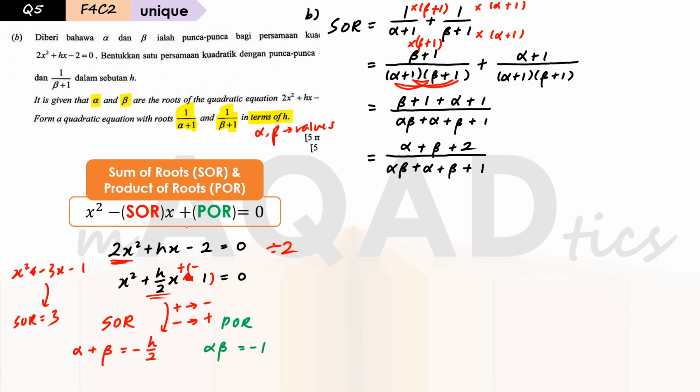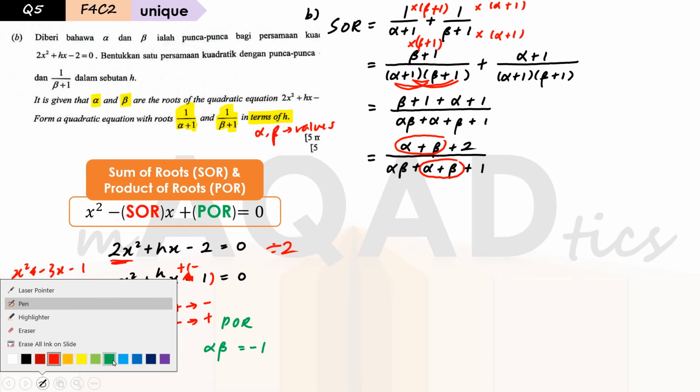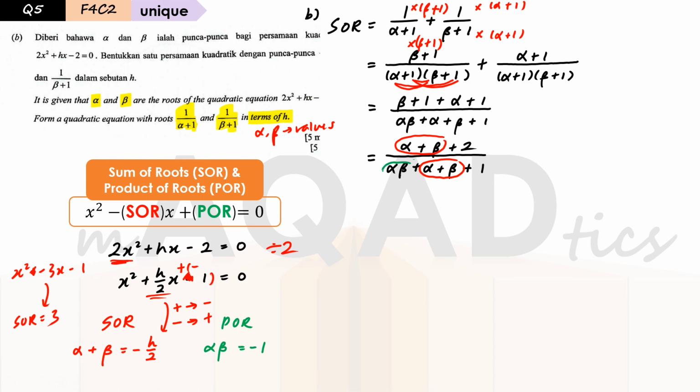Here you will see alpha plus beta, which is actually the SOR. So for these two things, we can change it to negative h over 2. And here you will see alpha and beta also, so this value we can change to negative 1. This would be the result once we have done that. Now you can see everything is h already. There are no alpha and beta anymore.